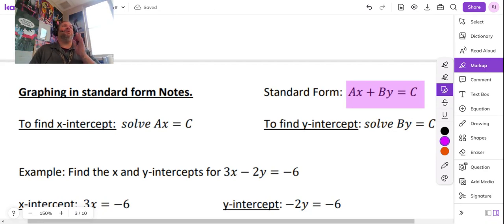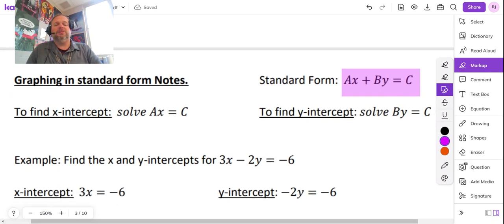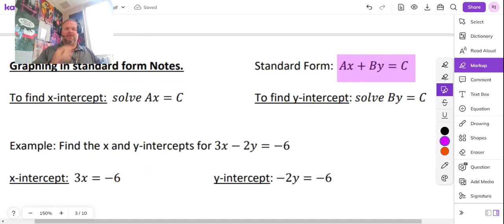Some people say you've got to solve for y and all this. I don't like that. Believe it or not, what I'm going to show y'all takes the same amount of time, but I like this better. So what we do is we find the x and y intercepts.